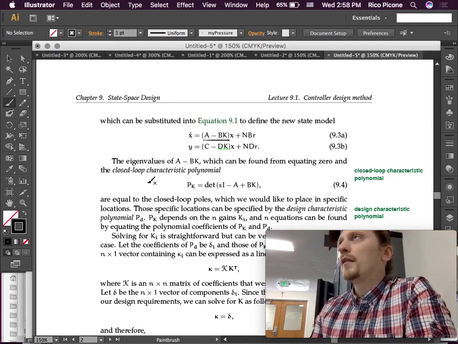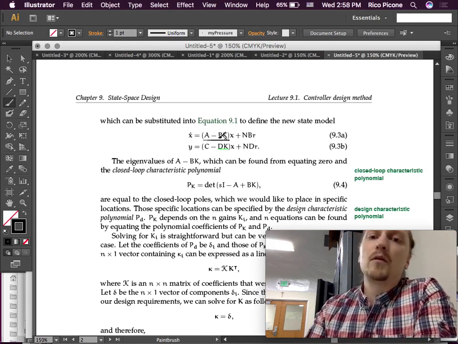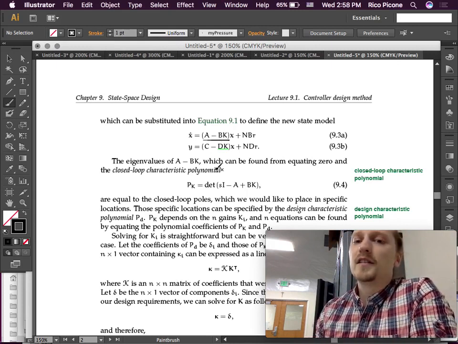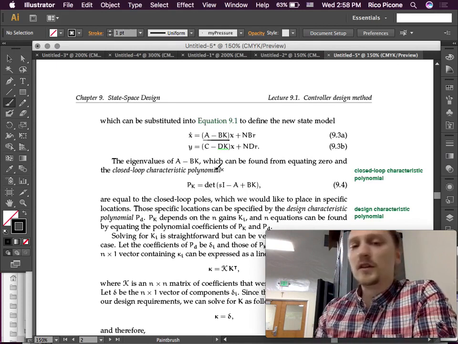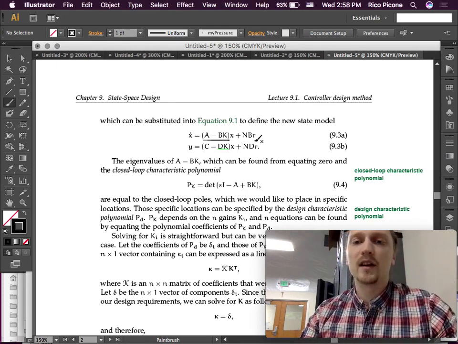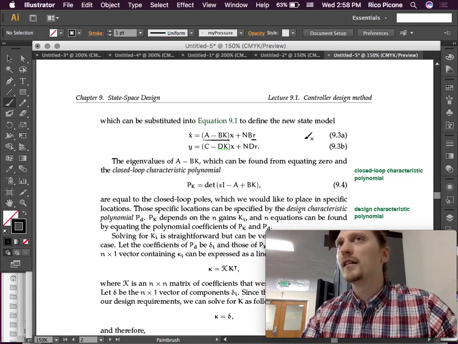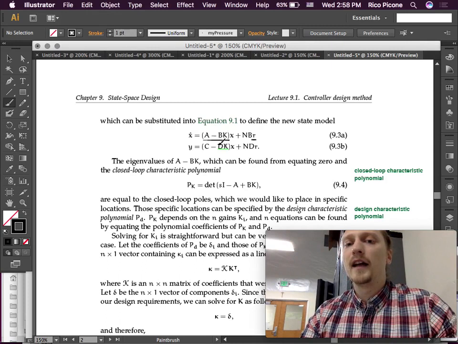So we closed the loop and we found how the system behaves now with this new input. Notice that our input changed. Our input was U before, but now our input is R. And our A matrix was A before, and now it's A minus BK. So some things have changed.